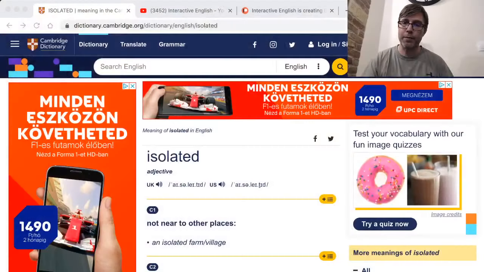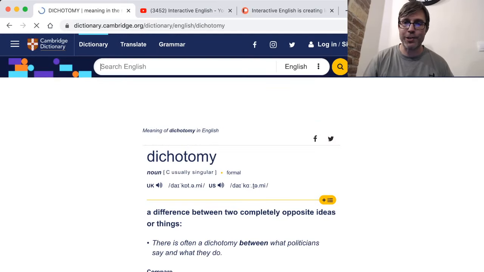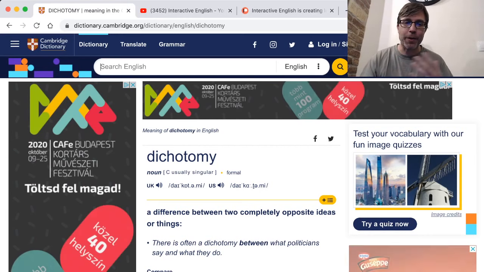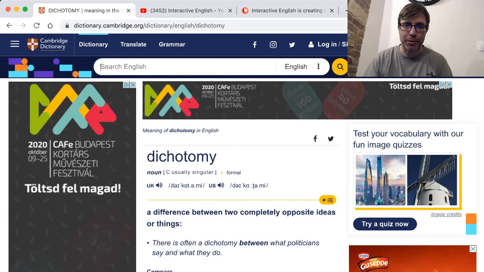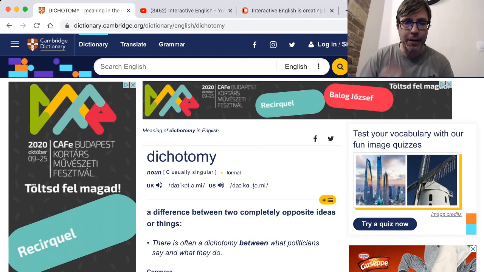Let's see. Probably by accident, we have a dichotomy. That's a good word, dichotomy. So that is a noun. I think I put that in one of the lessons I did on nouns, and maybe some of you watching weren't able to follow the explanation clearly.